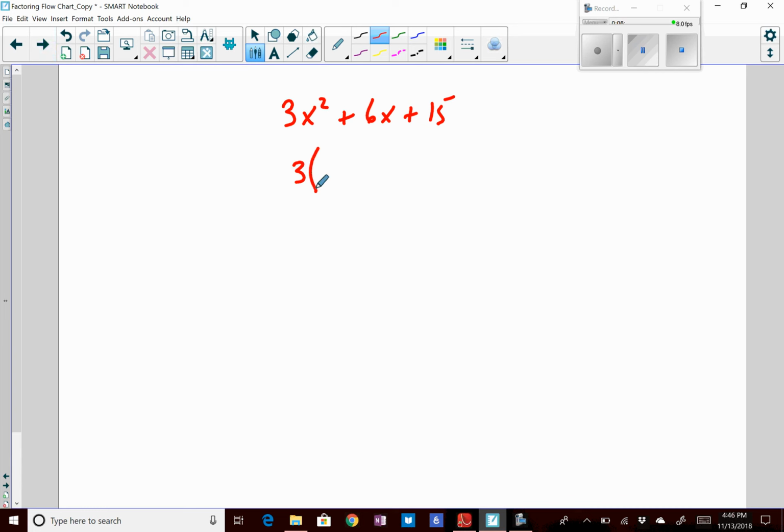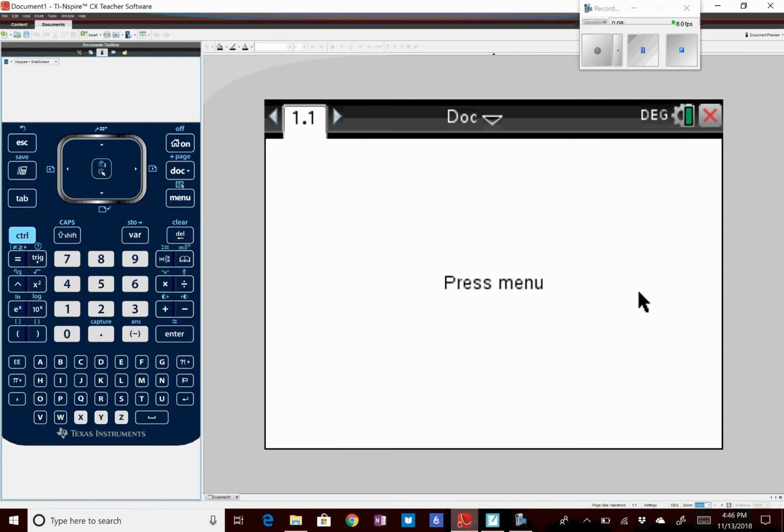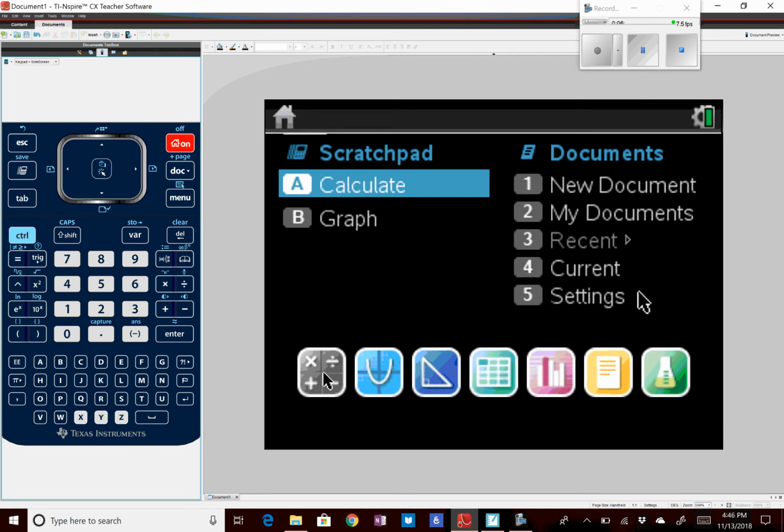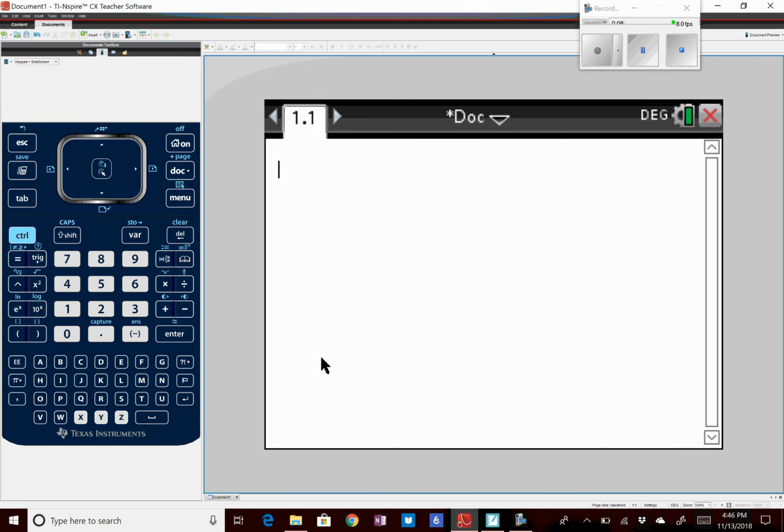By the way, if you're working with larger numbers and the GCF isn't as apparent and doesn't come as quickly, you can use the calculator to find that. For example, here, if we get a calculator screen and we want to know the GCF between 3, 6, and 15, here's what we did.